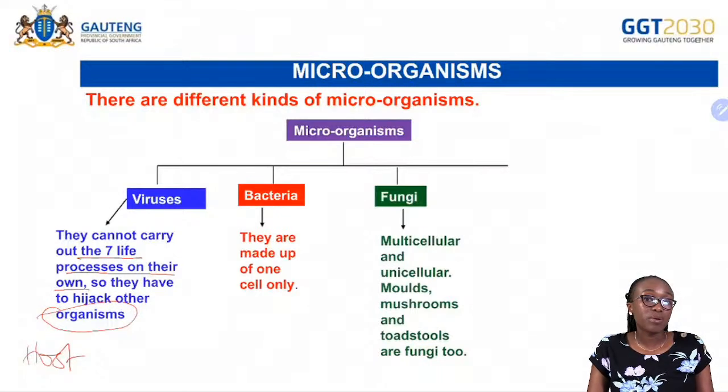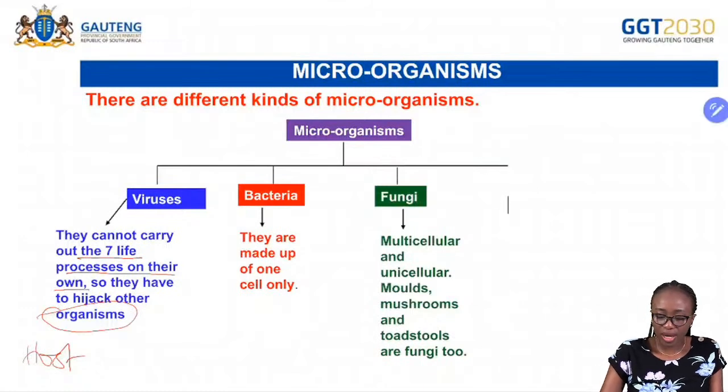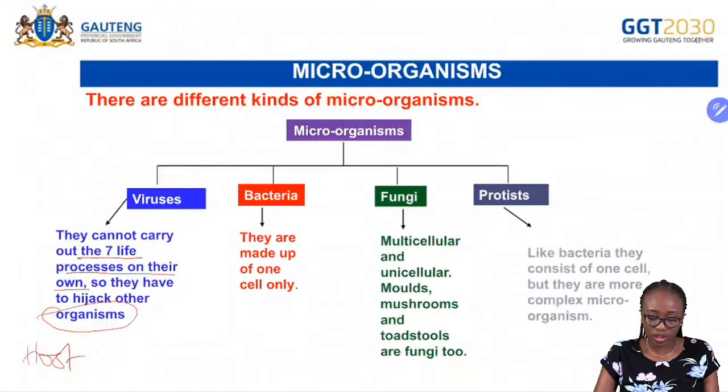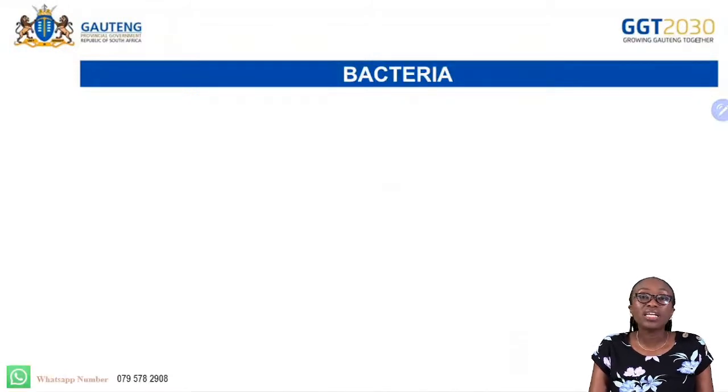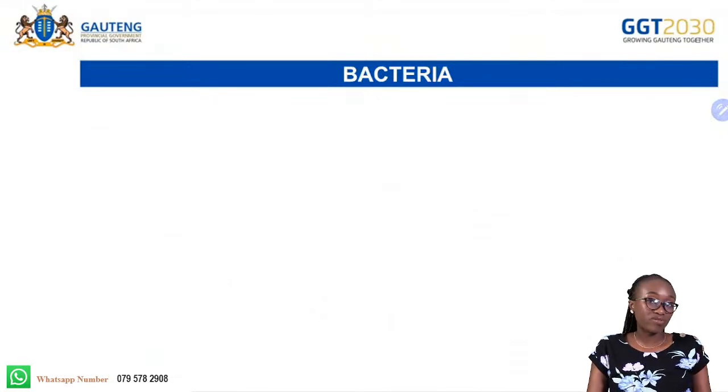I'm sure you've seen a mushroom before. This is the type of fungi that is multicellular and can be seen with the naked eye. And then we have what are called protists. These are like bacteria. They are made of one cell, but they are more complex.